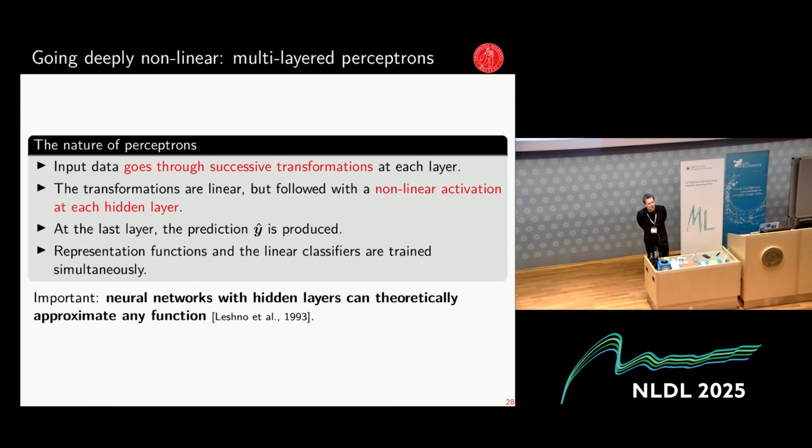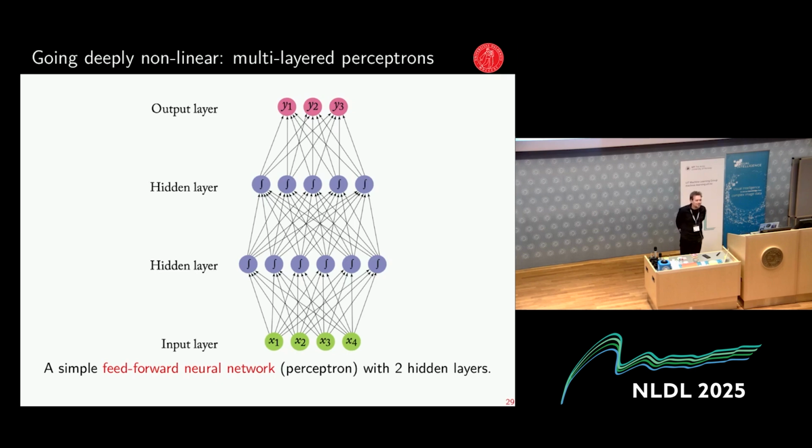Of course, the question still remains about whether some specific function can be approximated in finite time. But still, in theory, deep multi-layered neural networks with nonlinearities can approximate more or less any function.